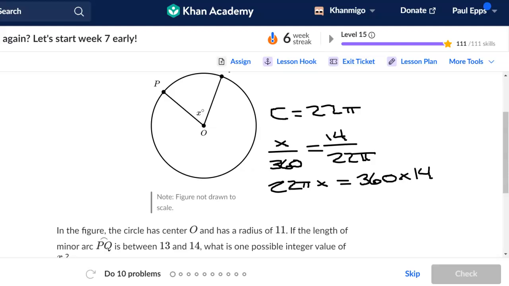And then x will equal that over 22 pi. I didn't mean to cross out the x. The x is still there.